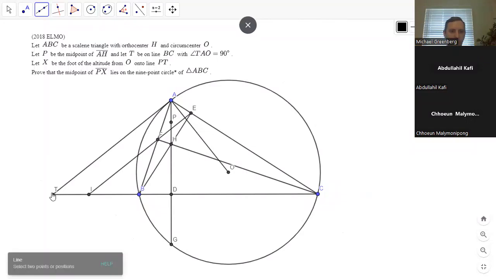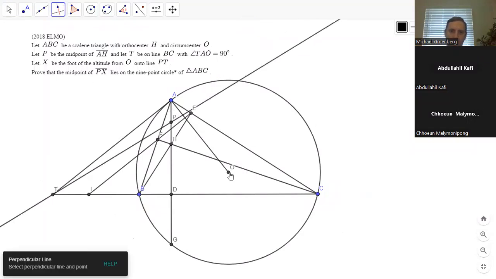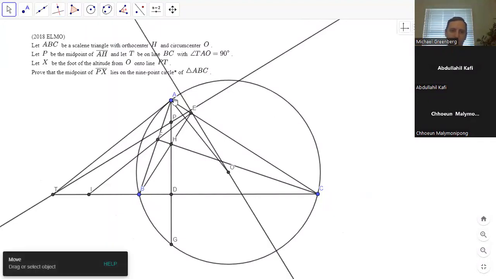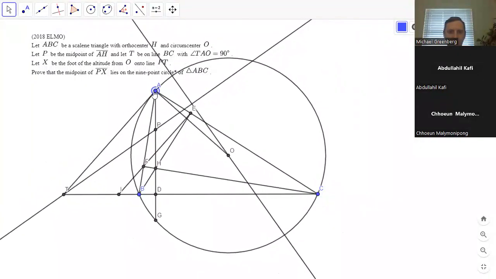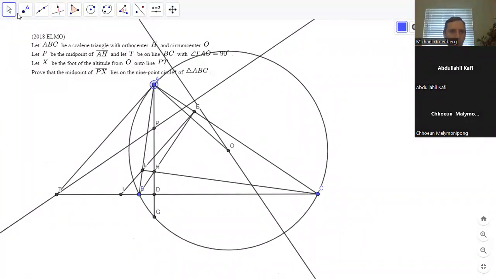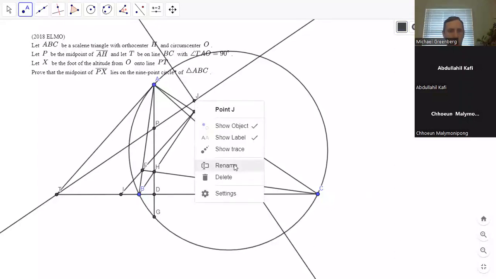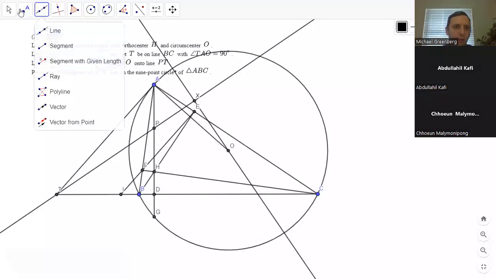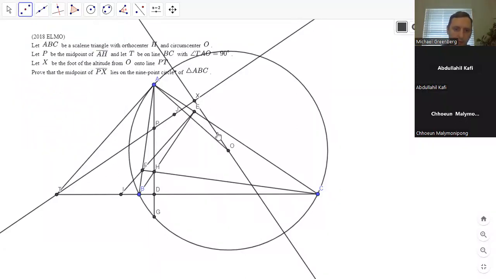That's interesting. And yeah, I could use the foot of the altitude tool. I'll do that on the next session. Okay. So this is X. And we want to show the midpoint of PX lies on the 9-point circle. So that's J.